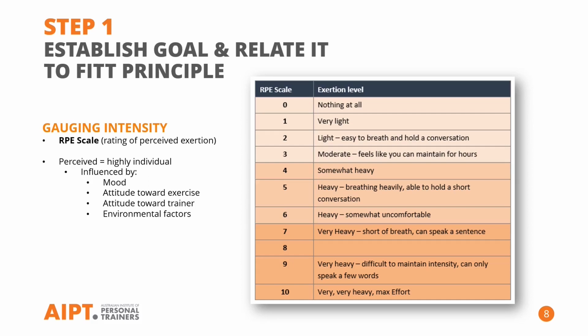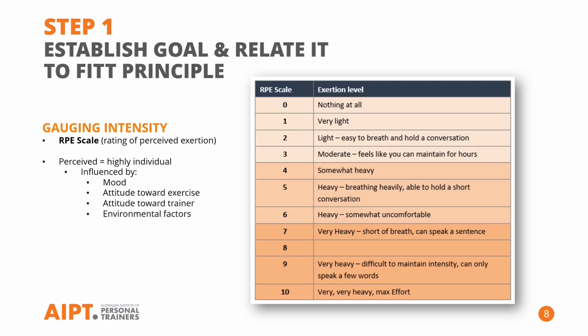There are so many things that influence RPE, but temperature would be a good one. If it's a hot day, their body temperature is getting up, but they're still only working at a low intensity, they might give you an unexpectedly high RPE number. Even things like the music playing, if they don't like the music, that can influence the RPE.